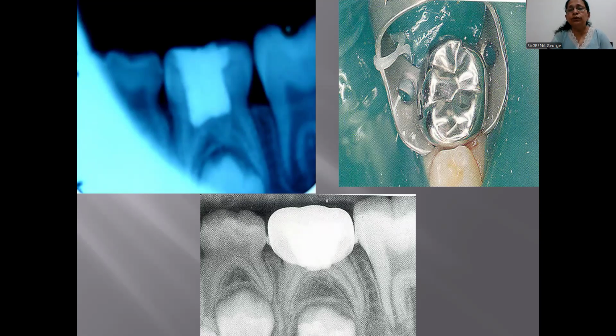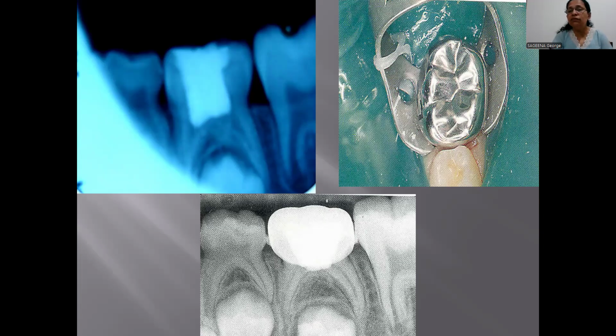You can also think of doing a two-visit pulpotomy. So where will we do that? When all the indications for pulpotomy are met, but there is sluggish bleeding even after the cotton pellet pressure application. In such cases, a cotton pellet moistened with formocresol is left in the pulp chamber.